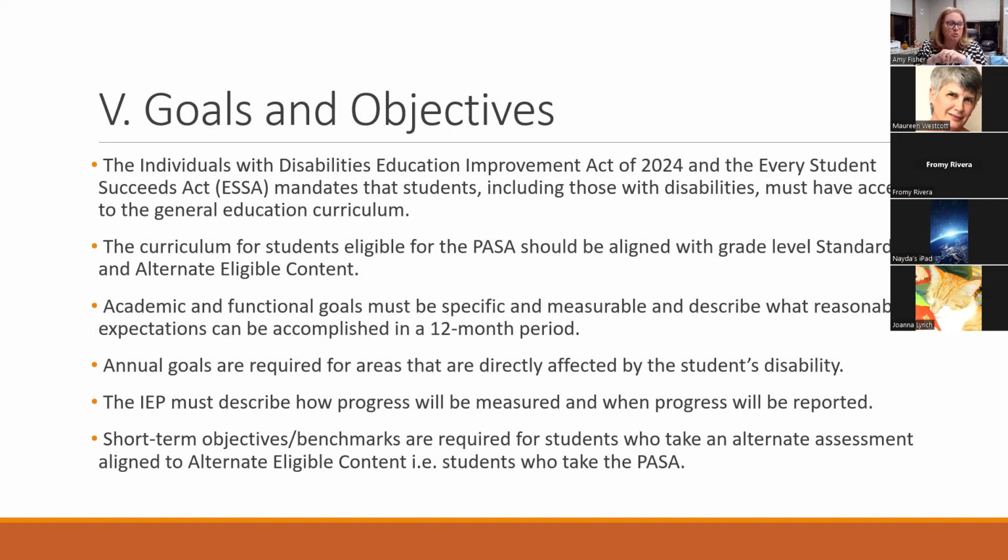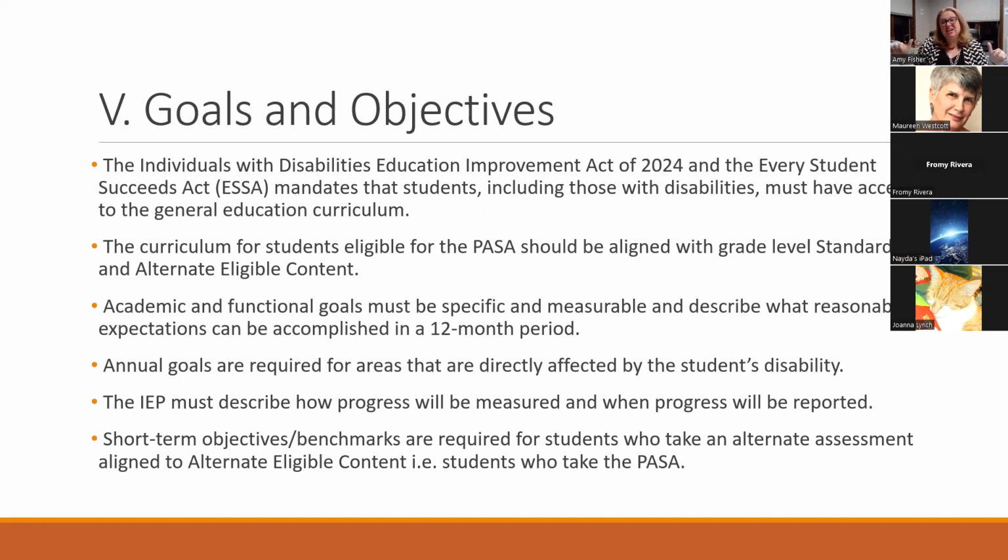Short-term objectives or benchmarks are required for students who take an alternate assessment, such as the PASA. So if you have one of those learners with a high level of need, each goal will have what's called short-term objectives. So in addition to saying, in a year, this student will identify all 26 upper and lowercase letters, because it's a learner with complex needs who's eligible to take the PASA, the alternate state assessment, we're going to provide benchmarks, which say at the end of the first trimester, the student is going to identify all lowercase letters.